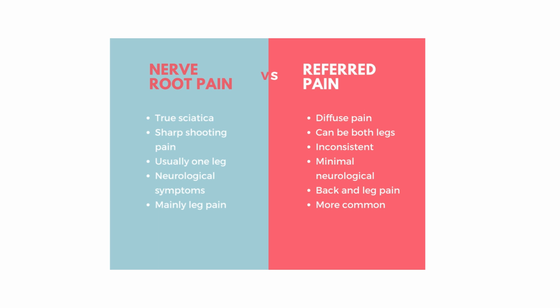Sometimes there's a bit of a numb area or tingly area. Sometimes it feels weak, but it's not a profound weakness. It's not a drop, where you just would not get that with referred pain. So with sciatic pain from nerve root origin, you would tend to get more profound neurological symptoms, whereas with referred pain, minimal neurological symptoms.